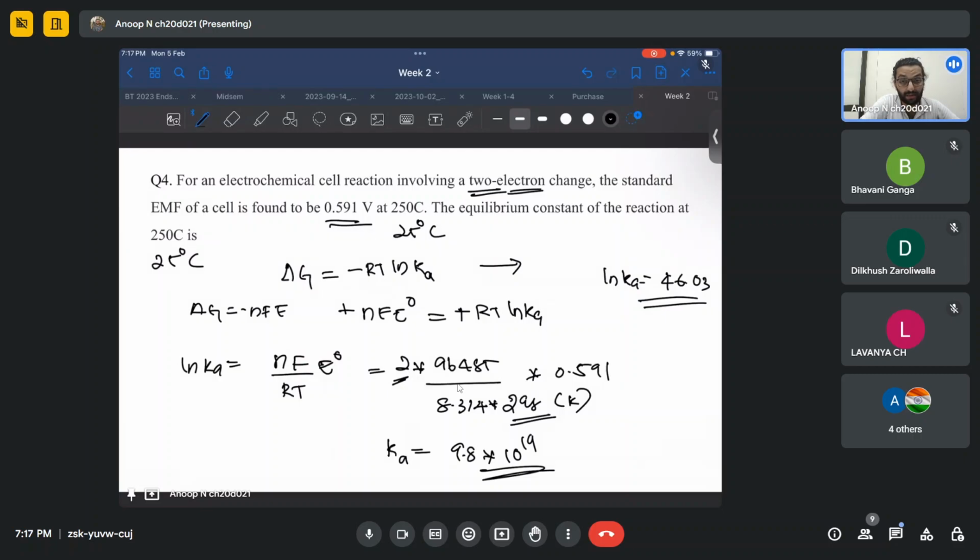One second, there is one problem. It's log, so in that case you have to take 10 raised to. 2.303 RT by nF log Ka. It's log to the base 10, whereas in this formula you are using ln, which is natural logarithm. So you have to consider that, and the answer will come the same. Clear? We can use that formula, no problem.